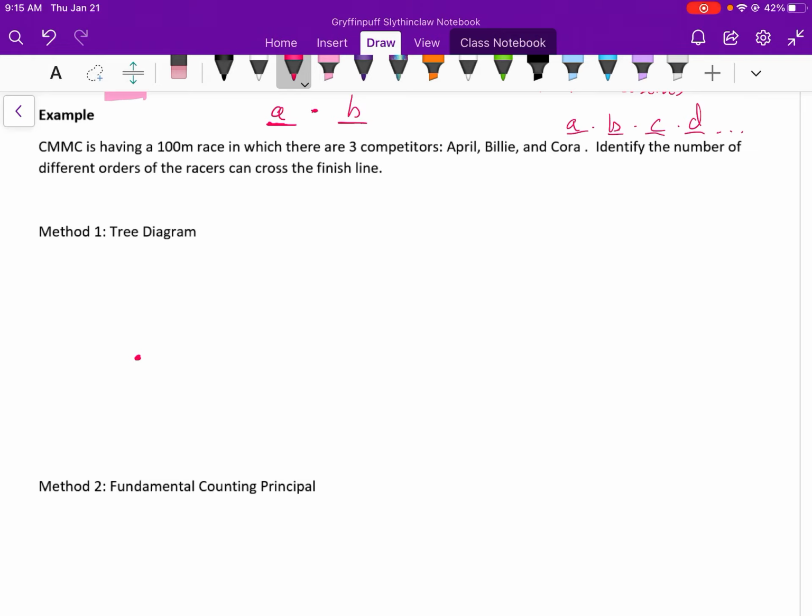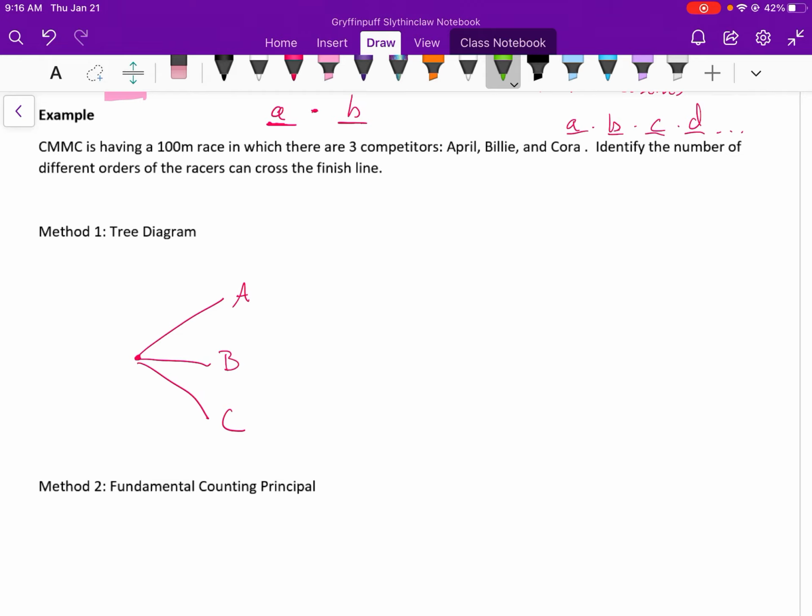I'm going to use what is known as a tree diagram. Here is my first task or decision. Let this dot represent who comes in first. There are three possible outcomes: April, Billy, or Cora.